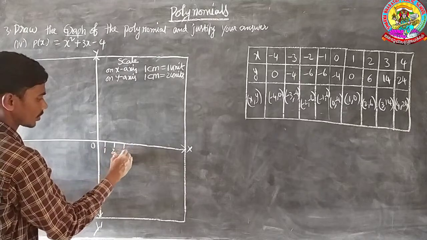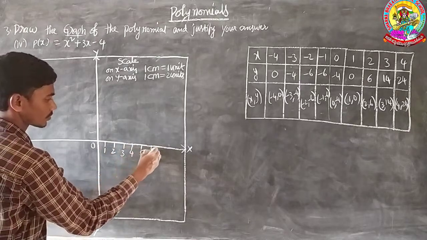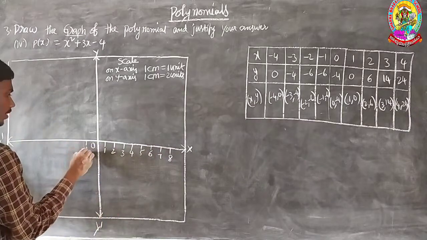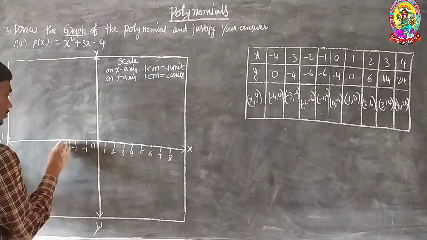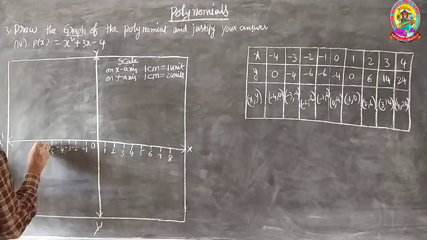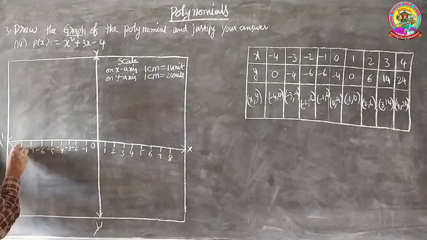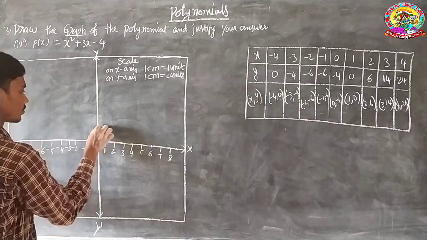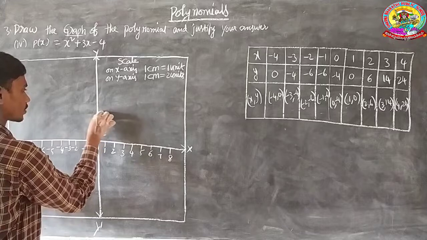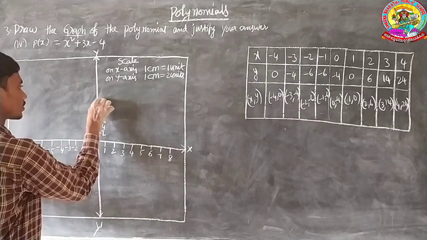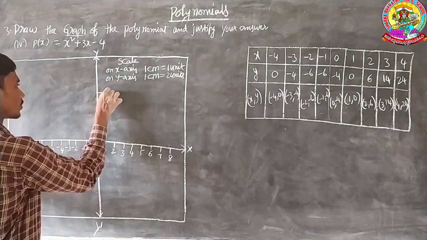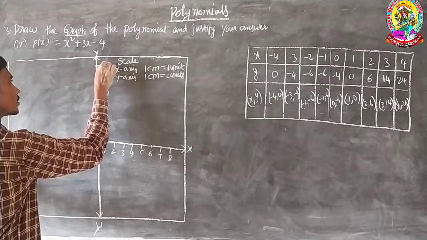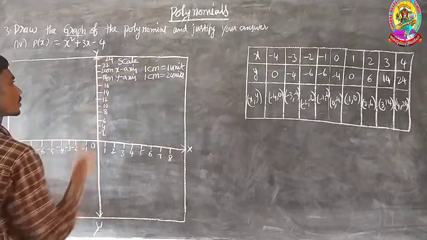1, 2, 3, 4, 5, 6, 7, 8, and on the left side minus 1, minus 2, minus 3, minus 4, minus 5, minus 6, minus 7, 8, and upward 2, 4, 6, 8, 10, 12, 14, 16, 18, 20, 22, 24, like this.